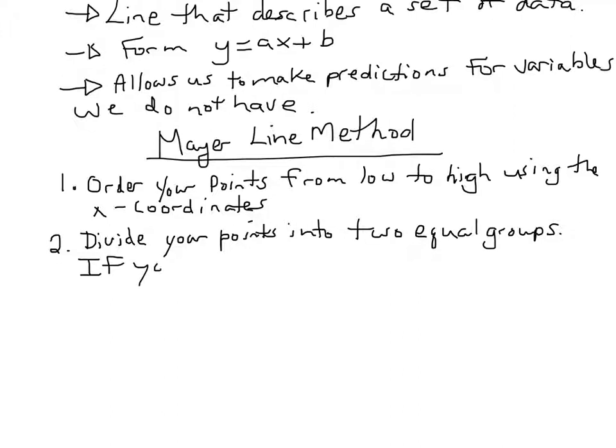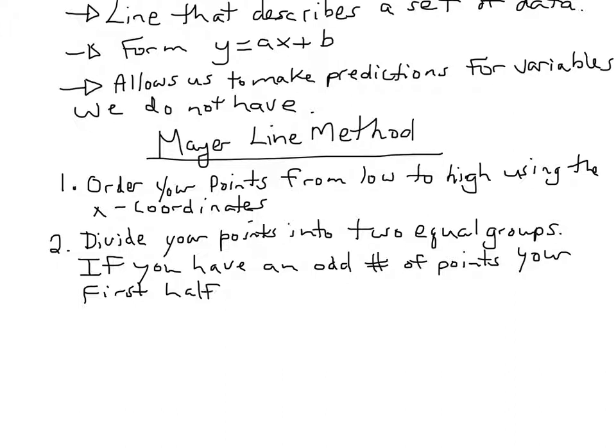If you have an odd number of points, your first half will have an extra. So if you had 15 points, you can have 8 in your first group and 7 in your second group. But as close as possible to dividing it in half.